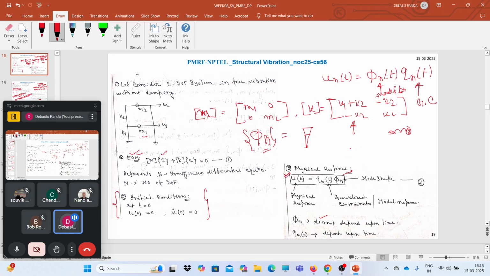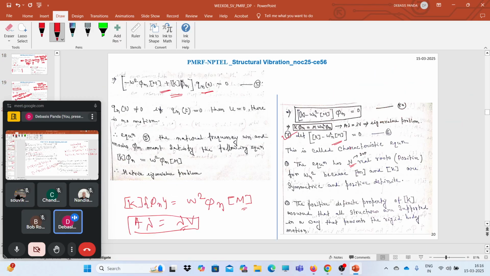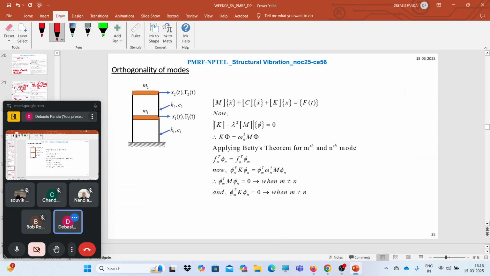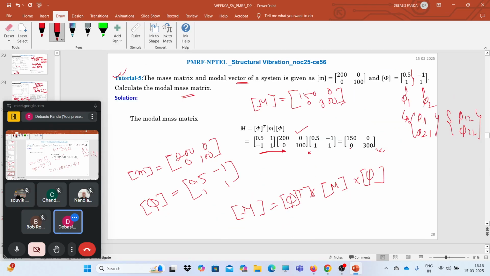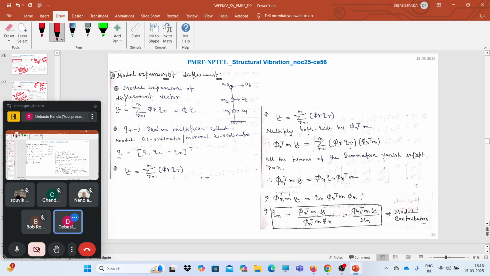Till now, do you have any questions? You can ask me, or we will move forward. Here we will see how we can find the responses of a structure using this modal representation. So let's quickly explain these terms and solve some problems.